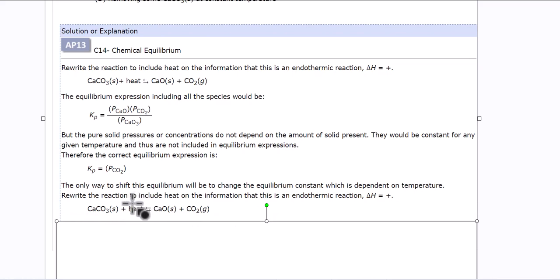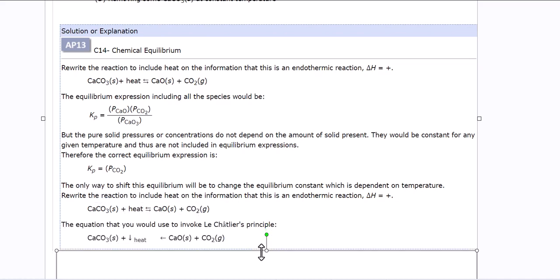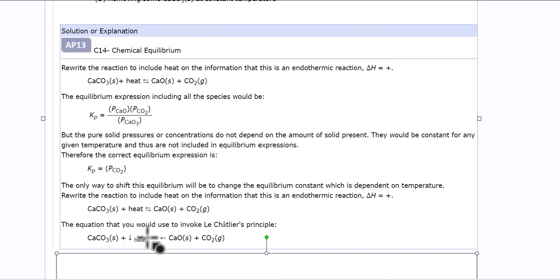So if we decrease this amount of heat, we can shift the equilibrium by lowering the equilibrium constant. On an endothermic reaction, if you end up decreasing the temperature, you end up having the reaction go backwards. You drive it forwards by heating it. So if we decrease the heat, the reverse reaction increases, and in fact, really we're decreasing the temperature.